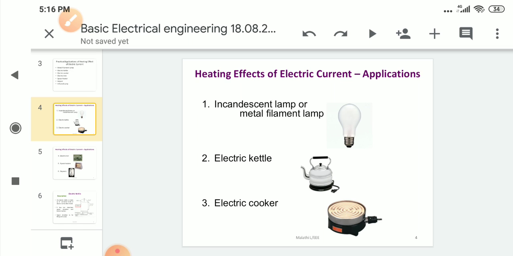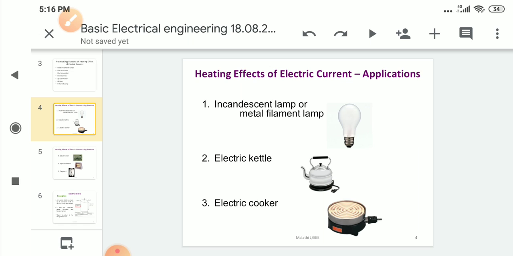Overall, a heating element is used, taking electrical energy as an input, and we convert it into thermal energy. By taking its thermal energy, we get the different appliances. A kettle is for hot tea or coffee. A geyser is used for a continuous supply of hot water.